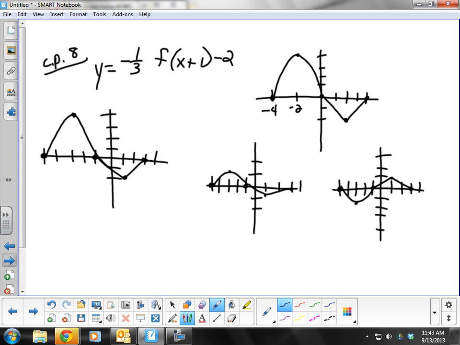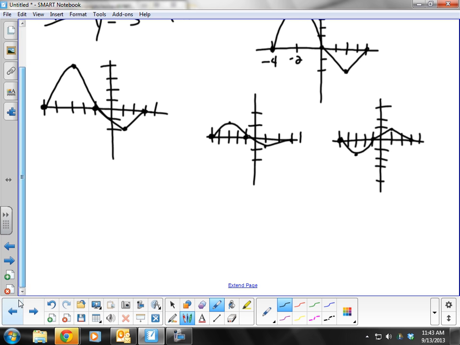Okay. And then the last thing it says I should always do is the vertical up and down. And so my last step, let's look, we're subtracting 2. So my very last graph, which is my final graph, is I'm going to take that last picture and move it down 2 units. So the -5, 0 will be at -5, -2.